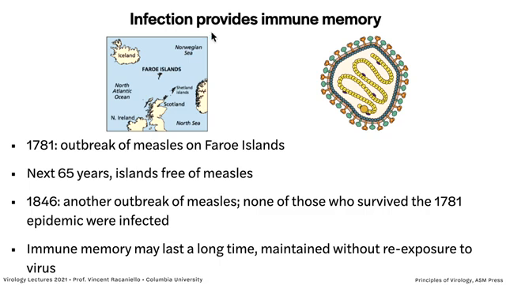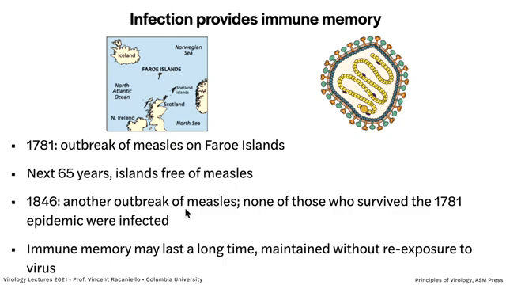The fact that infection provides memory was figured out by an epidemiologist who studied measles on the Faroe Islands, which are here between Iceland and Scotland. In the 1700s and 1800s, not many people went there. You couldn't fly. There were no planes. You had to go on a boat. There was an outbreak of measles in 1781, and for the next 65 years, no measles on the island.